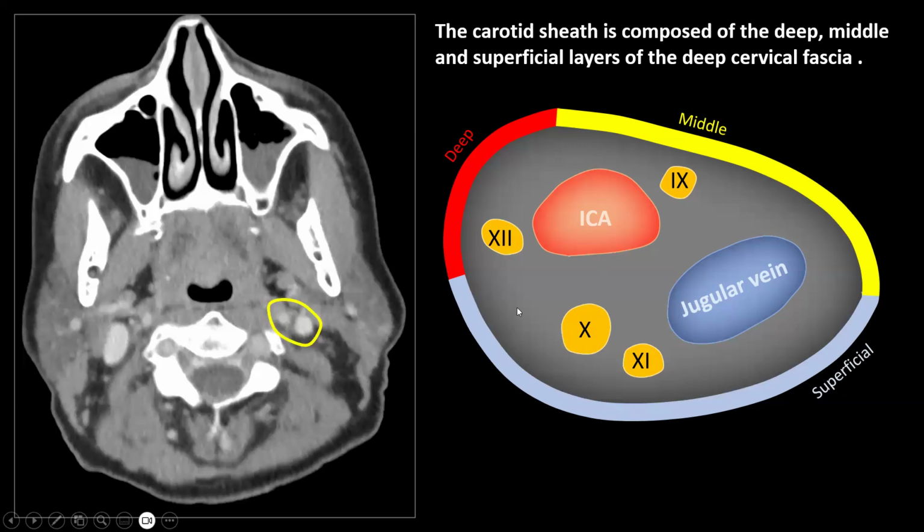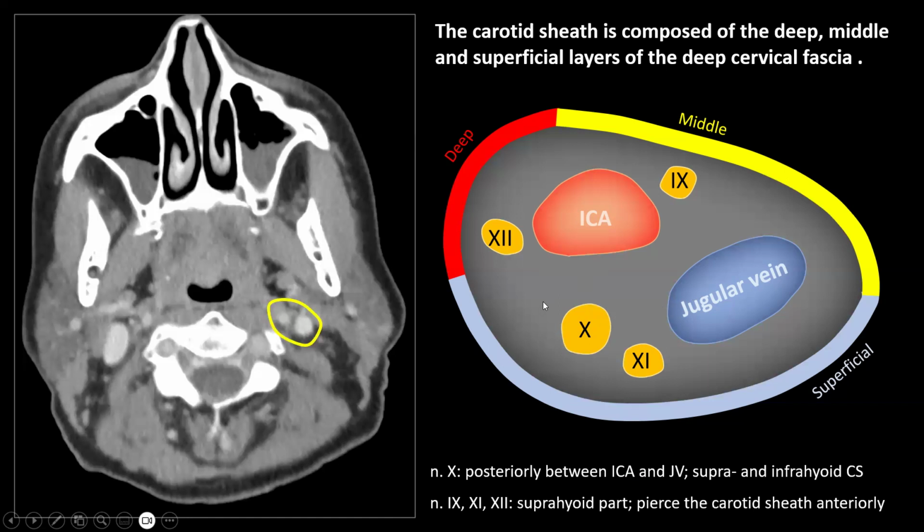So this is at the level of the suprahyoid neck, and typically the vagus nerve is always located somewhat posteriorly between the internal carotid artery and the jugular vein. Also important, the vagal nerve is present both in the supra and the infrahyoid neck, while the hypoglossus, glossopharyngeal, and accessory nerve all exit the carotid sheath.